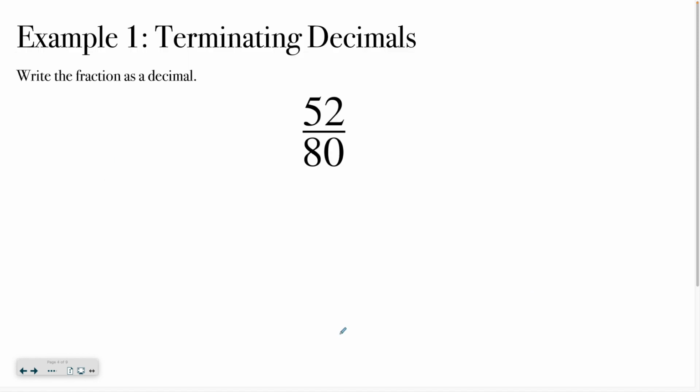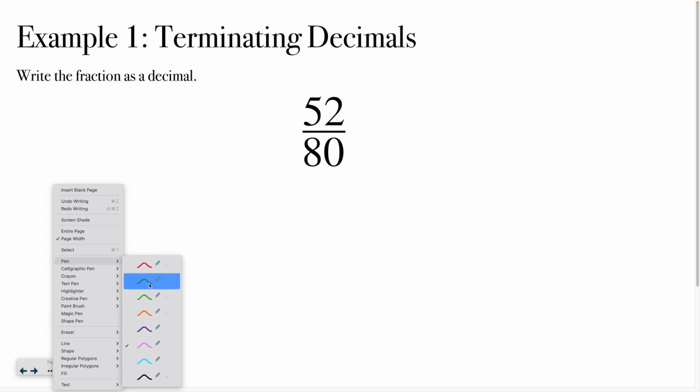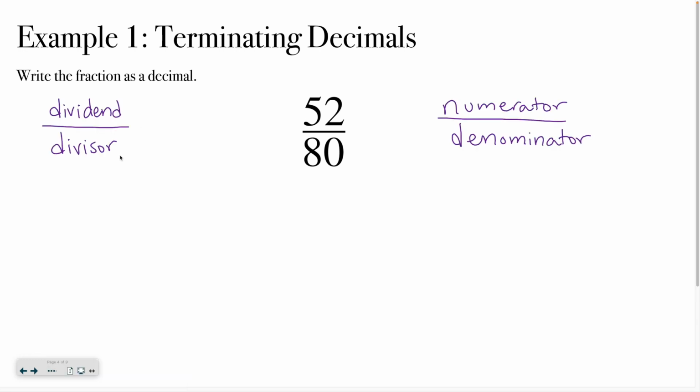Okay, so now let's practice calculating some of them. With our first example, we are going to calculate a terminating decimal. And with this terminating decimal, there are a couple of vocabulary words that I just want you to be aware of, not necessarily that you have to memorize them. They are dividend and divisor.